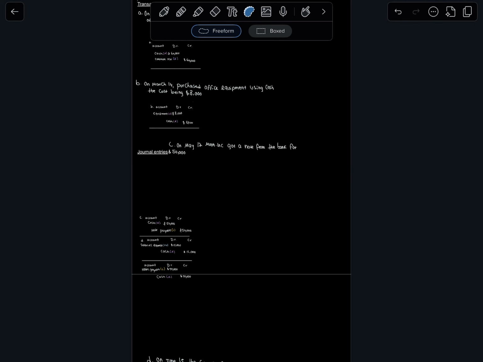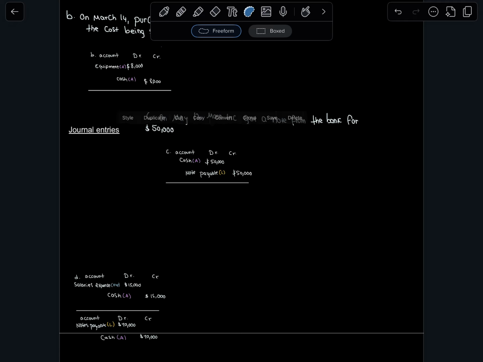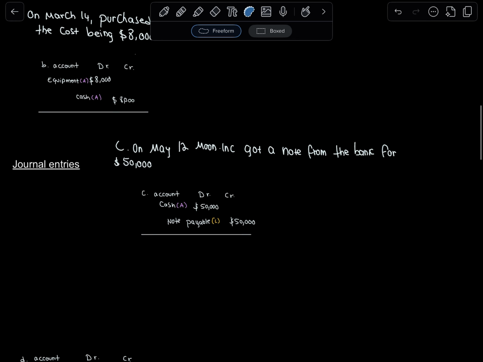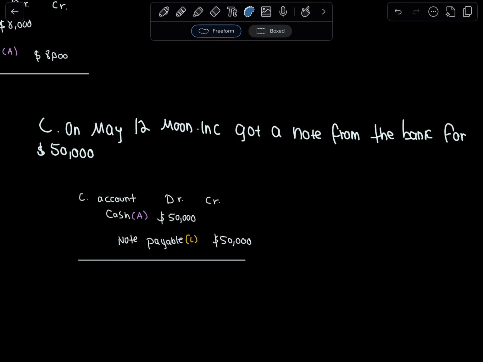Now, here, transaction C. On May 12, Moon Inc. got a note from the bank for $50,000. This is a loan, and the accounts affected would be cash, an asset, and then notes payable, which is a liability. We now owe money to the bank. We have a note from the bank, and we need to pay them back at some point in the future.